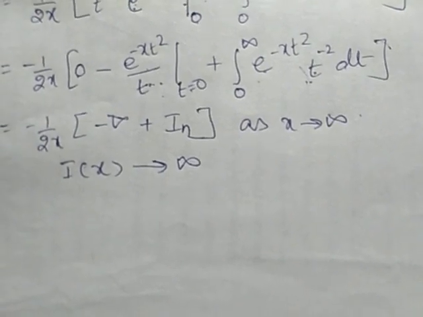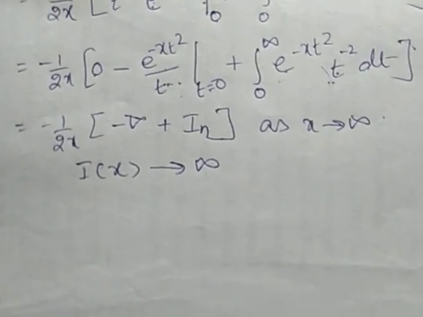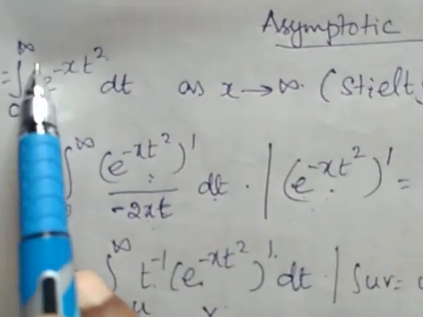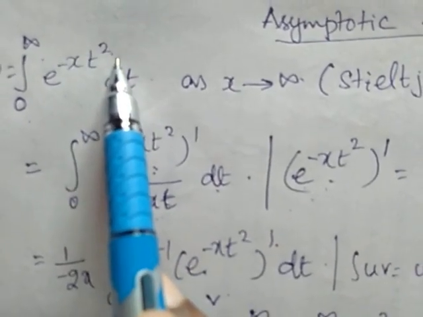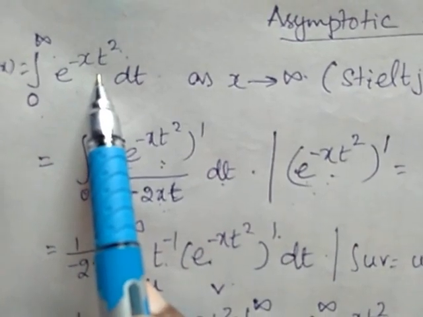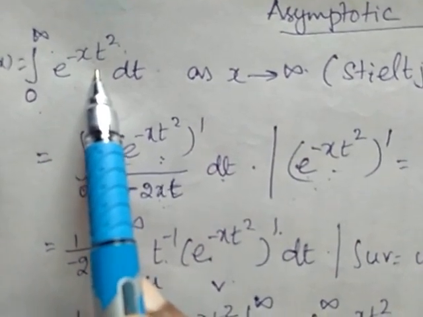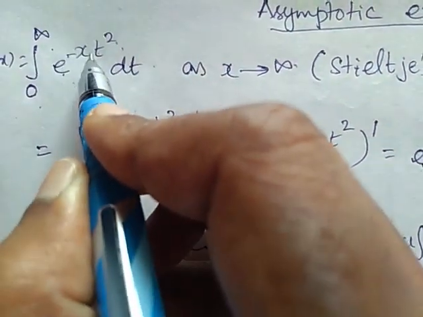Now we are going to solve the problem using the substitution method. What is our integral? Integral from 0 to infinity of e power minus x t square. We are going to reduce this to gamma form. To reduce this to gamma form, we have to get e power minus s.